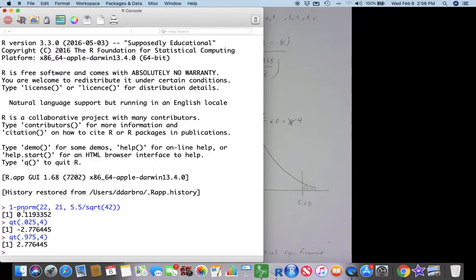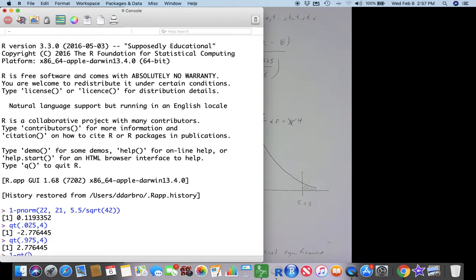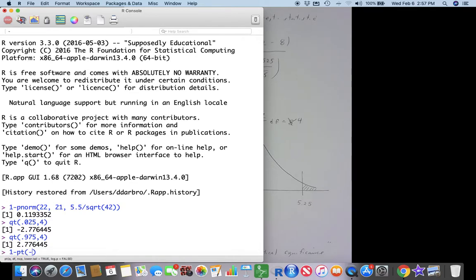Guys, let me show you how you do that. So we're going to go back now to the t-norm. The pt. So I want 1 minus pt, and I want negative 5.25, and I have degrees of freedom equal to 4.